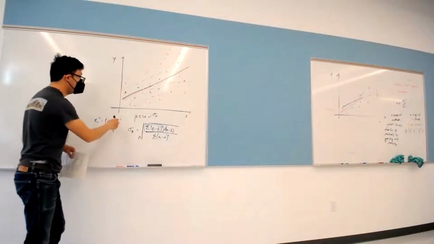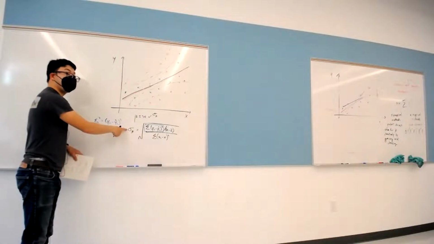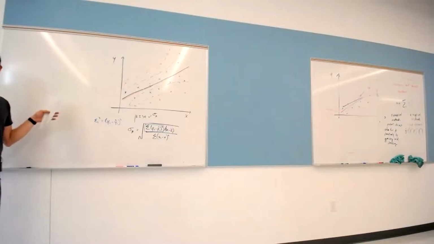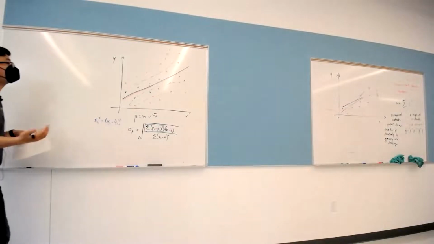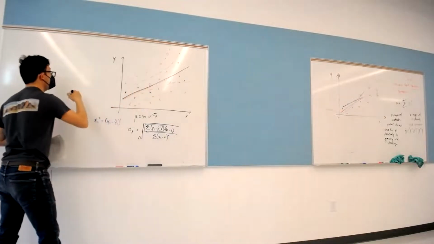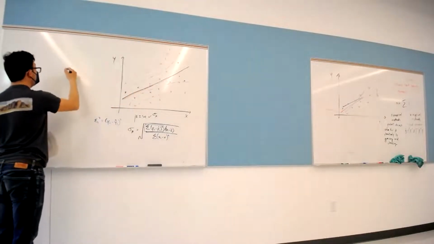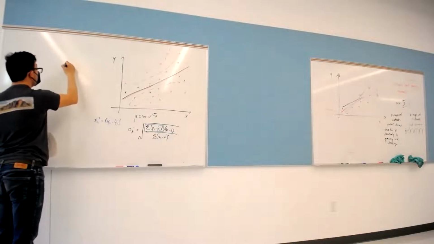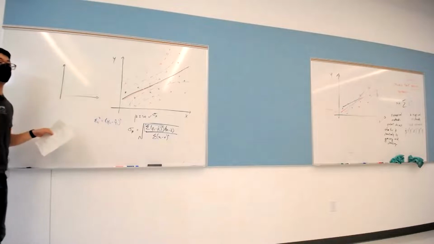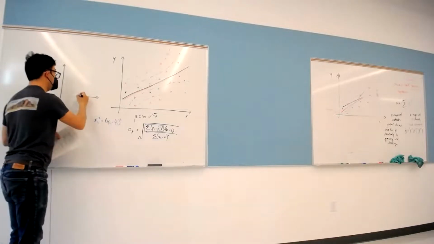And so what is this describing? This is describing a distribution of values for your beta. This beta is one number, this exact line, and the sigma describes a normal distribution around that one point.